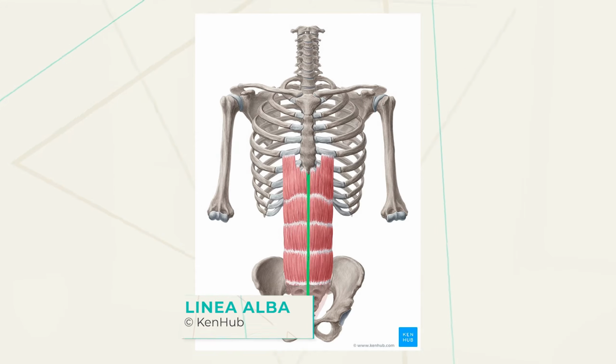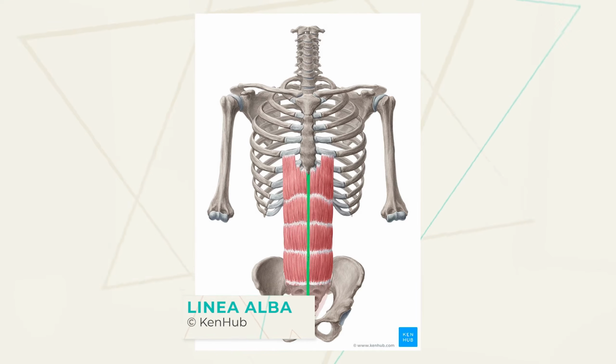Yeah, it allows you, and it kind of forces you, to use that transverse abdominis a little bit more to create that stability from the pelvis to the rib cage, rather than just crunching and using the rectus abdominis. It's not bad to just use the rectus abdominis. There's a time and place for it, of course. However, when we start to overuse just that six-pack muscle, that's when we're going to put a lot of pressure on that fascia right in the middle, which is called our linea alba.